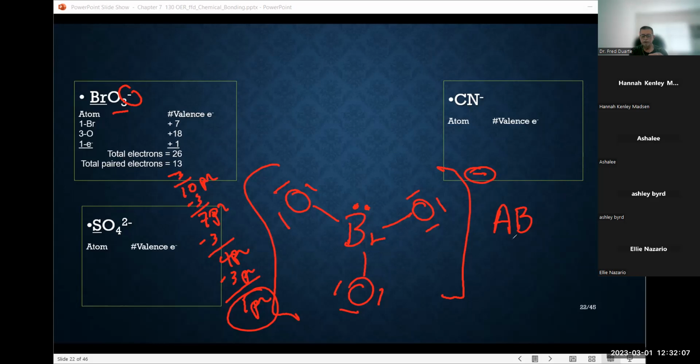Can you explain the bracket thing one more time? Oh, the bracket is only for polyatomic ions. When we were doing Lewis structures for the neutral, we had no brackets.